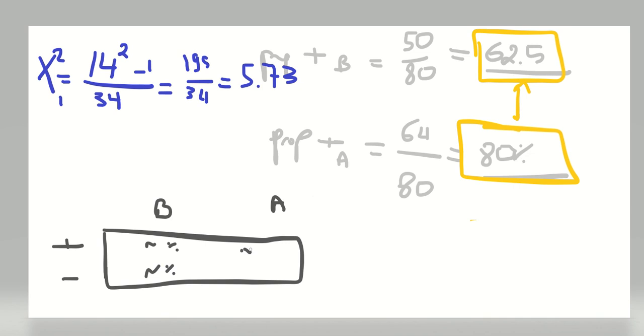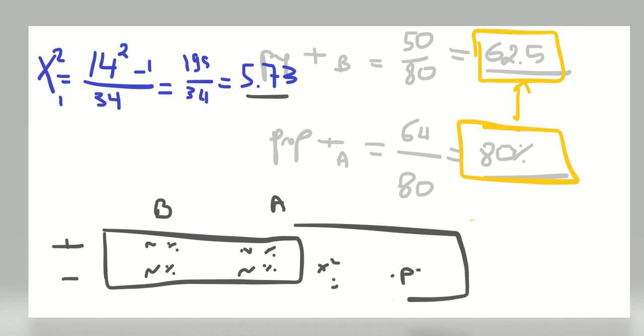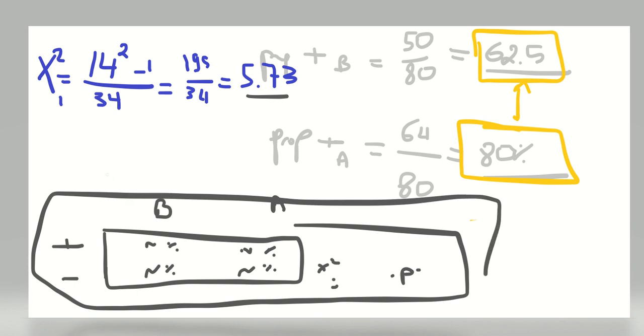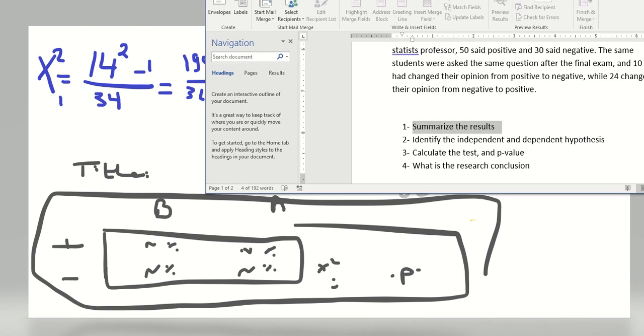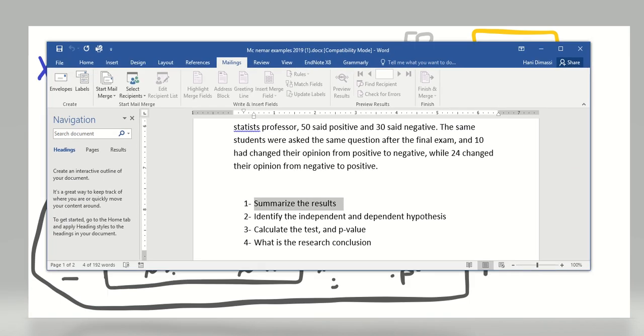Okay, so you put the n, you put the percentage, and then you're going to put the chi-square that we talked about, that we calculated with the degrees of freedom, and then you're going to put the p-value. So all of this comes in one table that has a complete title. Okay. Let's continue with the questions.